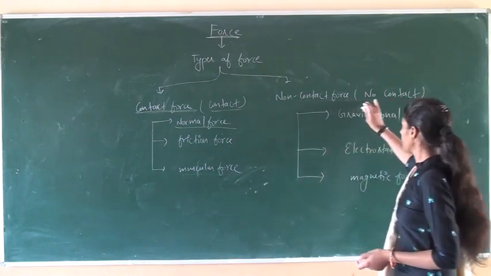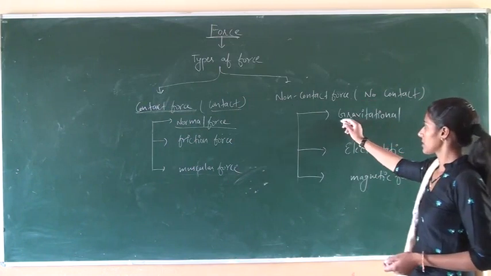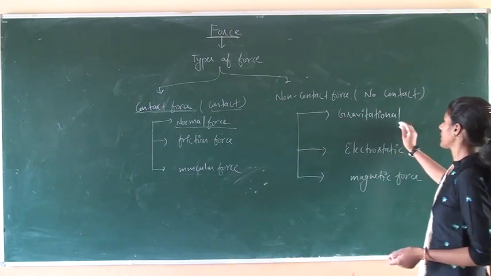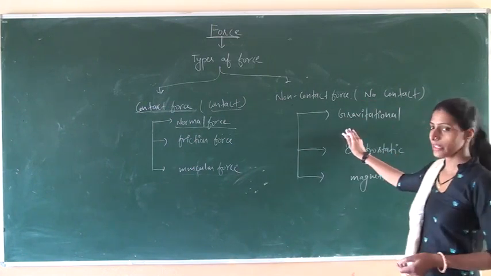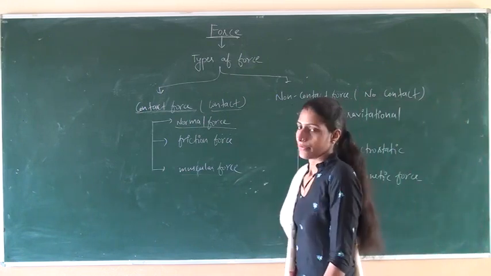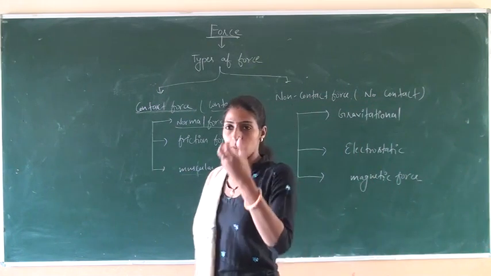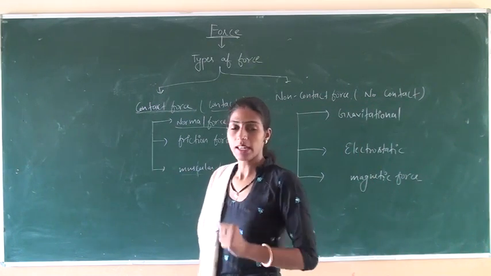After that, non-contact forces. Non-contact forces, first one is the gravitational force. Here the objects are not in contact with each other. That is, our earth attracts every object towards its center.